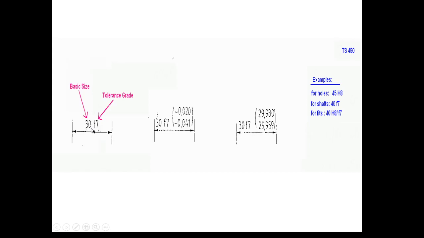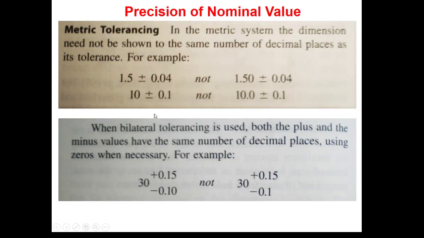30 is the integer part. And then a dot; in engineering we use the dot as the separation symbol between integer and decimal portions. And then show the decimal figures, the figures at the decimal place. That is the question. The answer comes from the rule of ISO.